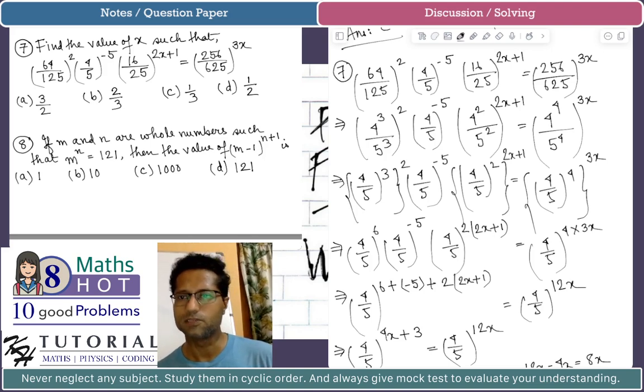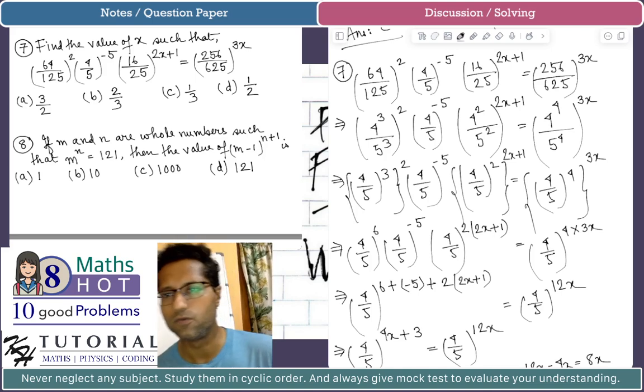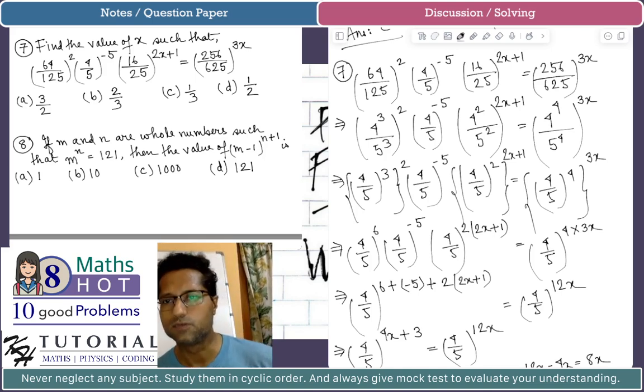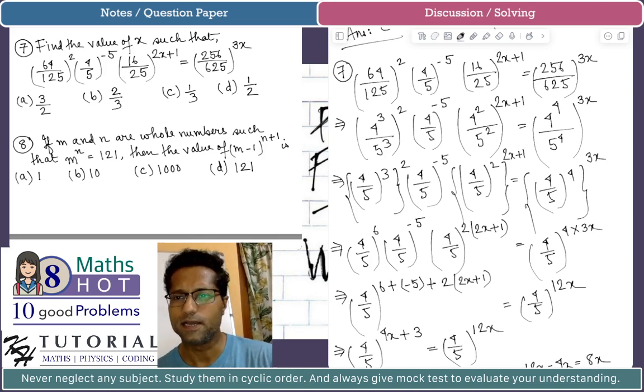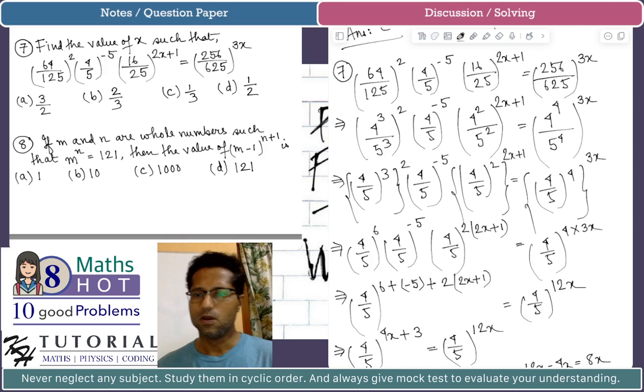And on the right hand side, we have 256 by 625. 256 is 4 to the power 4, and 625 is 5 to the power 4. So the right hand side is 4 by 5 raised to the power 4, and this whole raised to the power 3x. So we have 4 by 5 raised to the power 12x.